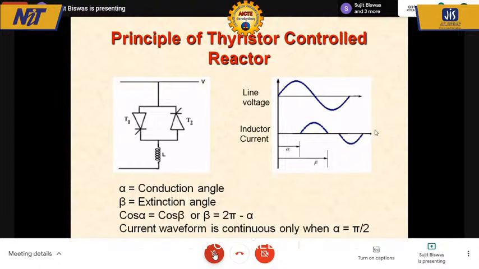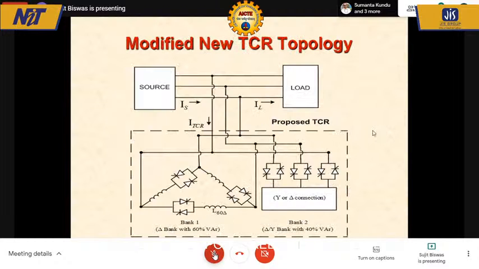Of course, in terms of TCR, today we have some modern technology where the TCR can create lower harmonic currents, because one such technology uses a unique delta connection of inductor banks along with another set of banks which may be Y or delta connected.